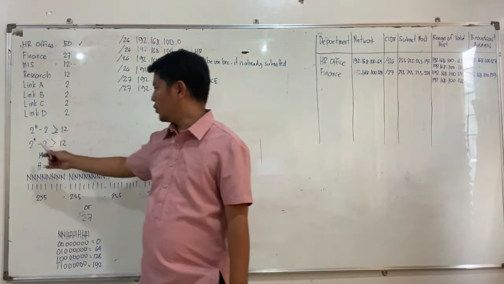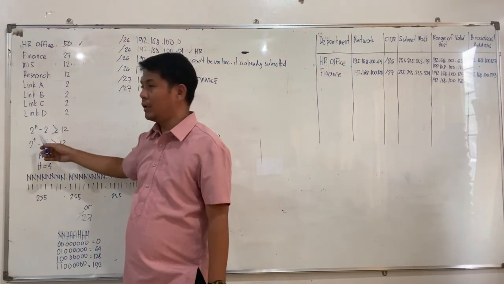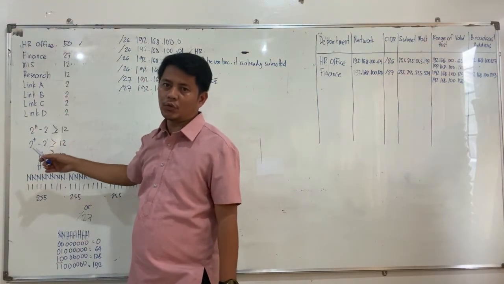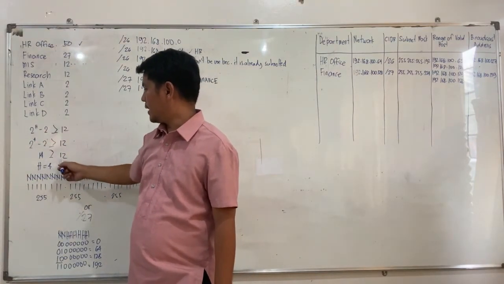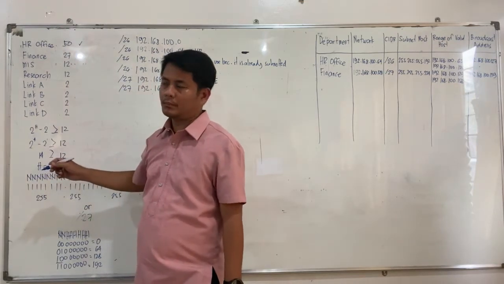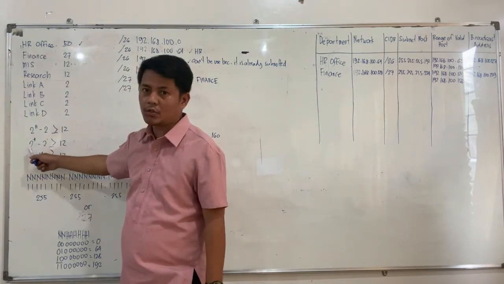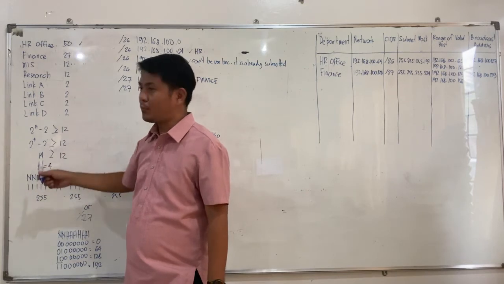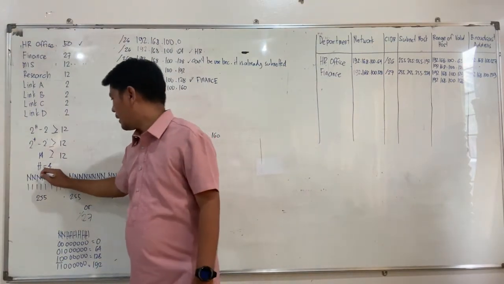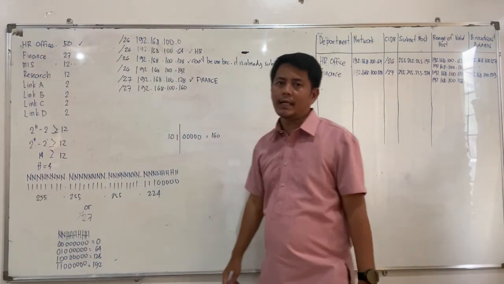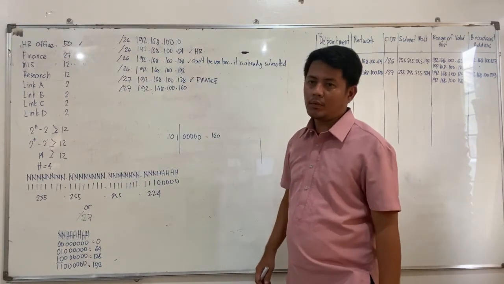Okay, from the formula, 2 raised to h minus 2 should be greater or equal to 12. What will be h in order for us to produce the number greater than 12, which is nearest to 12? Okay, so in this case, we need 4 to be the value of h, because 2 raised to 4 is 16 minus 2, that is 14. So 14 is the nearest number greater than 12. Therefore, our h here is equal to 4. Okay, we only need 4 host bits to satisfy 12 number of hosts.